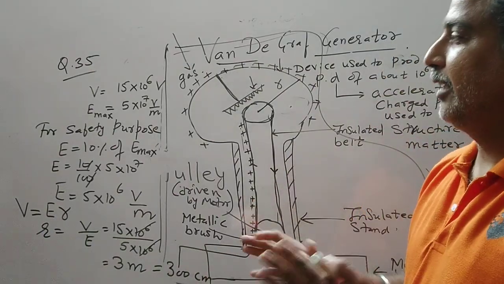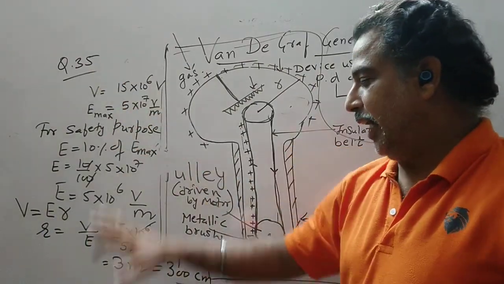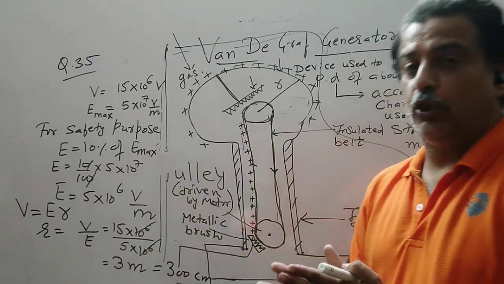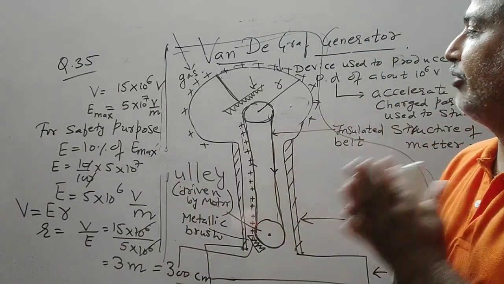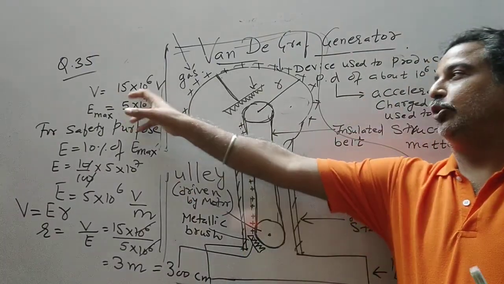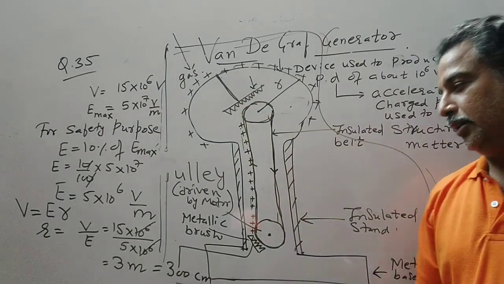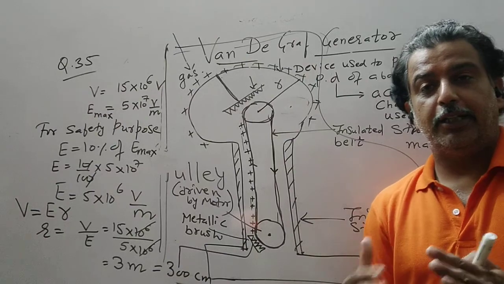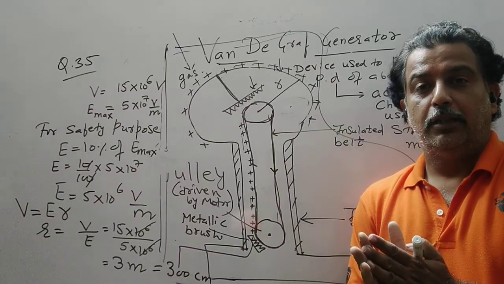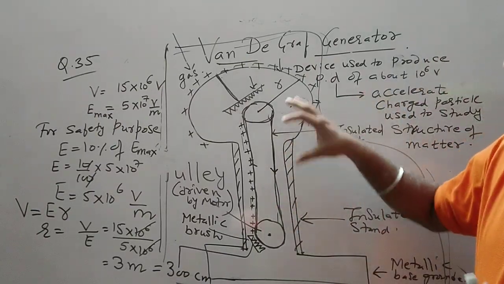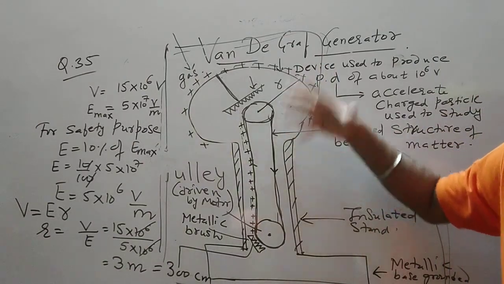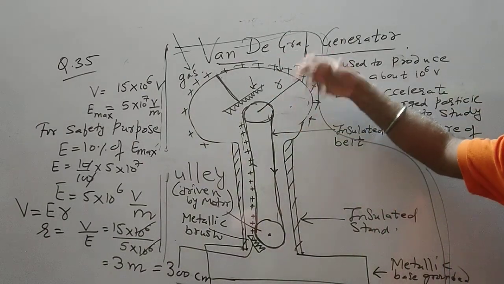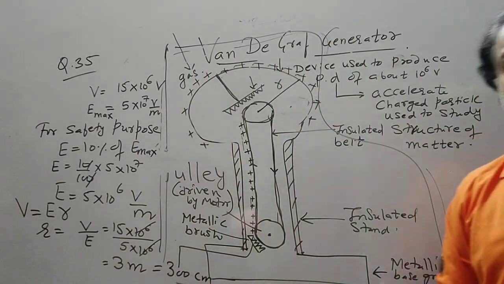So if I take V as 15, the answer should be 3 meter. So if I require a potential difference of 15 into 10 raised to 6 volt, the minimum radius should be 3 meter. So it is not easy to construct a Van de Graaff generator using a small spherical shell.